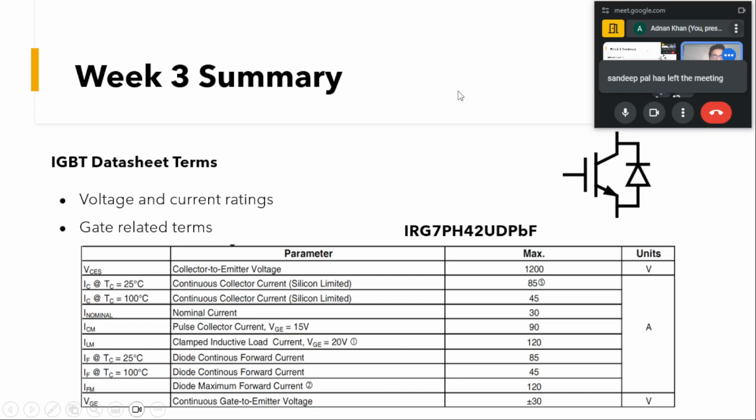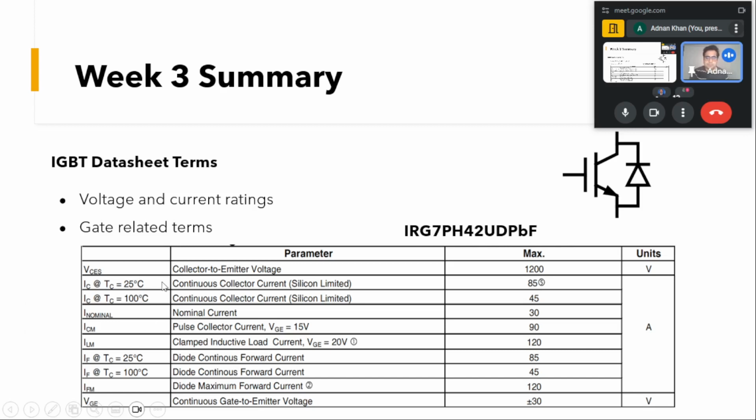Data sheet terms. In the IGBTs, this is the IGBT data sheet of this part number. You should be acquainted with these terms, as this has been discussed in the previous week as well, like the collector emitter voltage. Here it is given as 1200 volts for this IGBT; it is the maximum voltage that it can block.